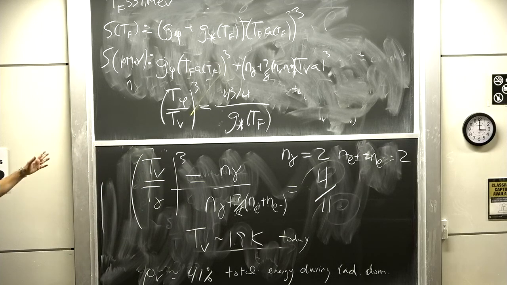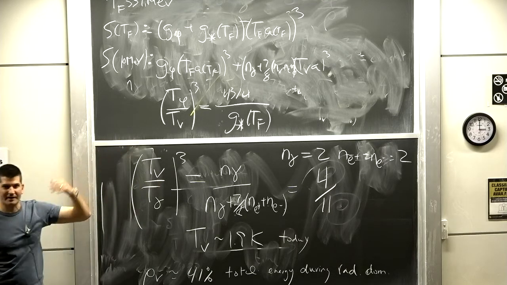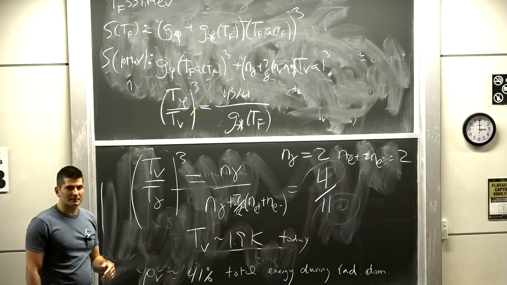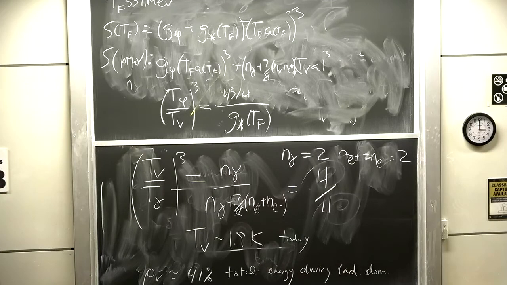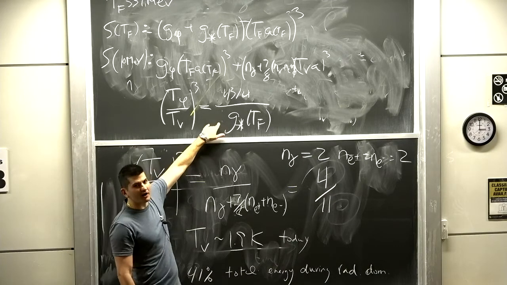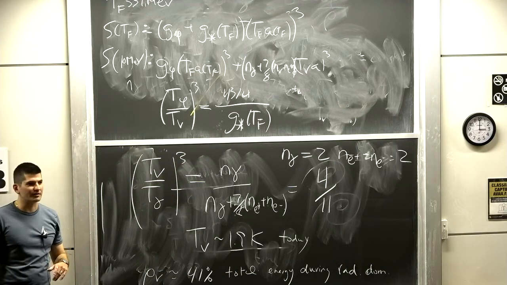Because if we put a 1% correction to this, that's a 1% correction of a number we haven't detected yet. So this itself will be 1%, and the error will be 10 to the minus 4. That depends on if you have some BSM particles that contribute. Oh, okay, so if BSM particles contribute to G star, then we have to care about that. But we'll talk about that in a second when I show you the results. Any other questions?